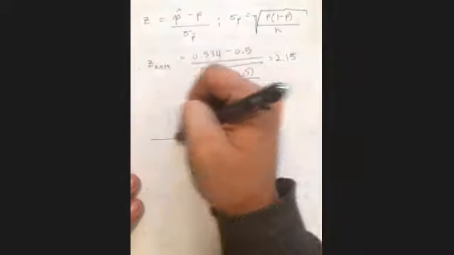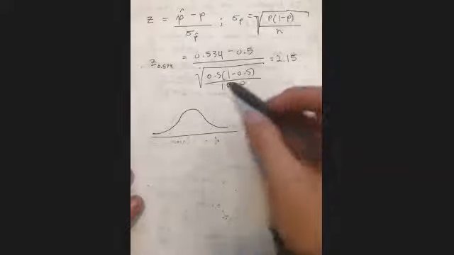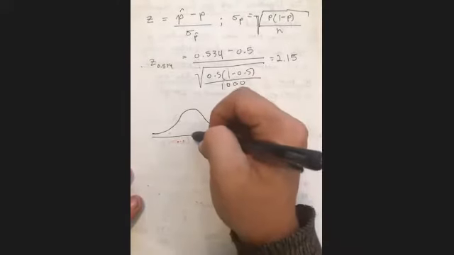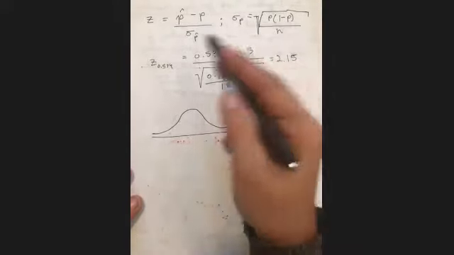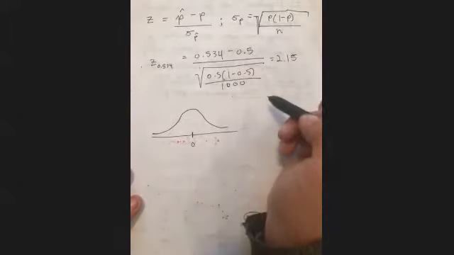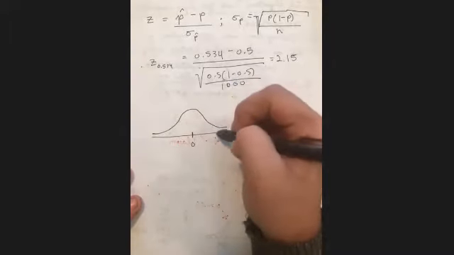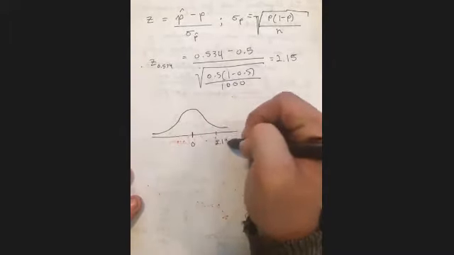So again, you need to think about the distribution. What we're seeing is that in a standard normal world, where the mean is 0 and the standard deviation is 1, the value 0.534 is 2.15.